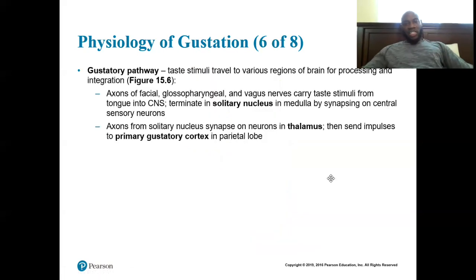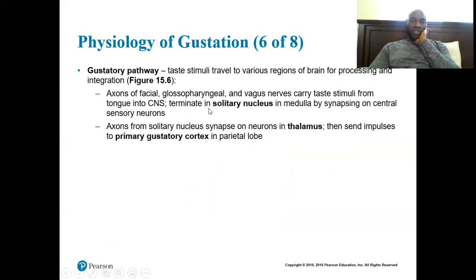So the pathway as taste stimuli travel to various regions of the brain for processing is just like in the olfactory system. Axons of the facial, glossopharyngeal, and vagus nerves carry taste stimuli from the tongue to the CNS, terminating in the solitary nucleus in the medulla by synapsing on central sensory neurons.